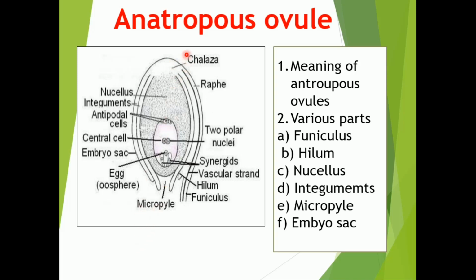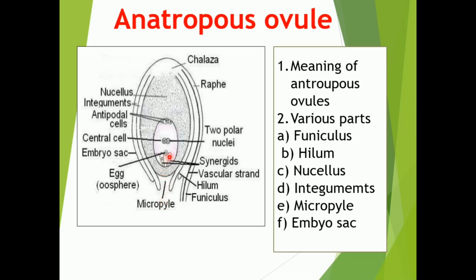In the ovule, a multicellular structure embedded in the nucellus is called the embryo sac. If you observe the detailed structure of the embryo sac, centrally there are two polar nuclei, and these are the two ends.